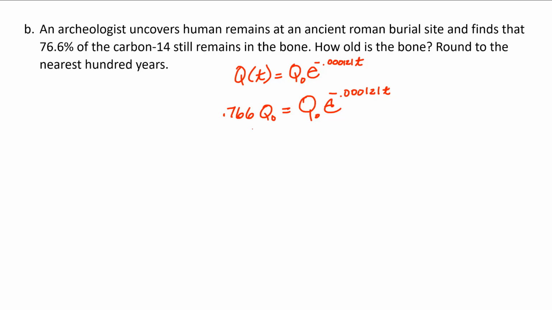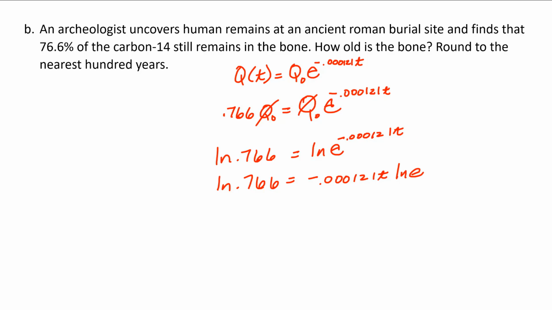All right, so the q sub zeros go away, and we can take the natural log on both sides, and that is going to be natural log of e to the negative 0.000121 t, and then we will use the power rule to bring that down in front.